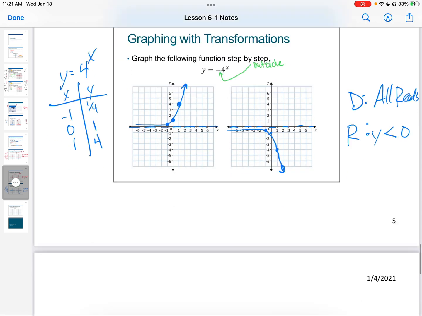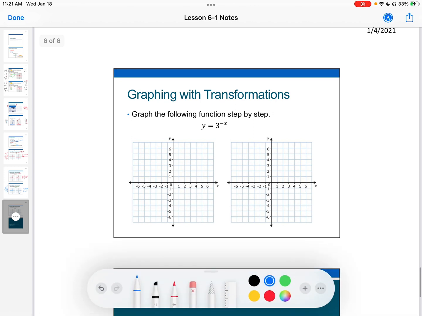We've got one more. What do we do if the negative's on the inside? This is back to that original parent function. So we'd have 0, 1, 1, 3, -1, 1/3. Don't forget your horizontal asymptote. So this one here, you can see the negative is on the inside. It's up in the exponent. So this is going to be a horizontal flip.